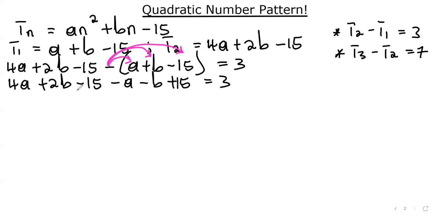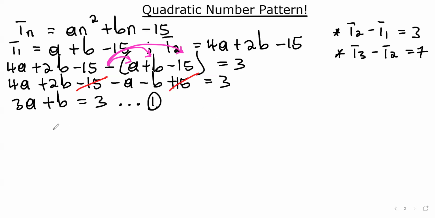Here we can see that the 15s will cancel out. Collecting the like terms, 4 minus 1 is 3, and 2 minus 1 is just 1. This is what we have. So here we have one equation that has two unknown variables, which means we need to solve simultaneously.